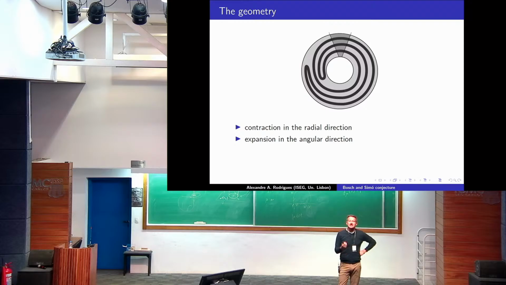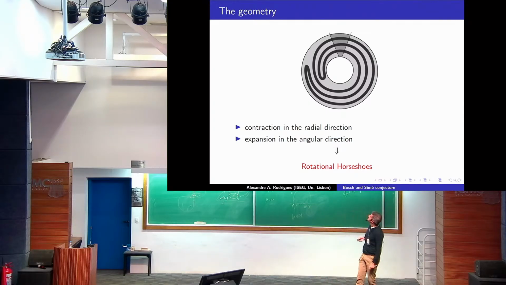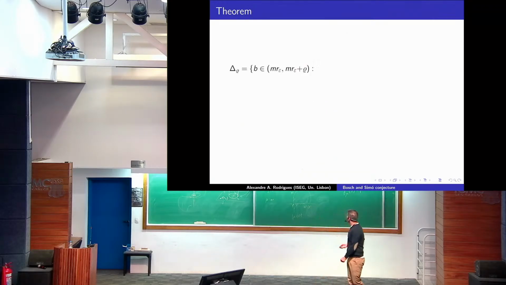So what is the object that you have here? Do you remember? An expansion in one dimension, and in the other direction a contraction. So I have horseshoes. This is the first result: near this bifurcation, near this configuration, I have rotational horseshoes, okay?